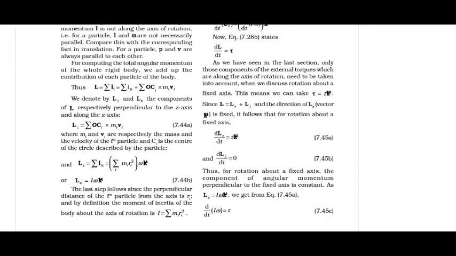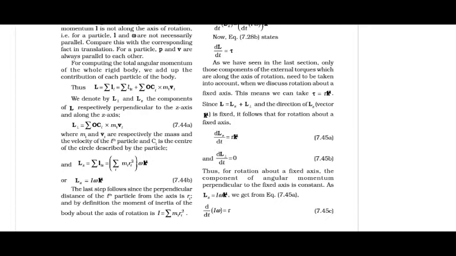This means that we take tau lambda. Since L is equal to Lz plus L perpendicular, and the direction of Lz vector lambda is fixed, it follows that for rotation about the fixed axis, dLz by dt is equal to tau lambda and dL perpendicular by dt is equal to 0.